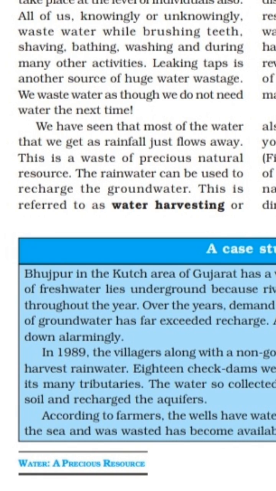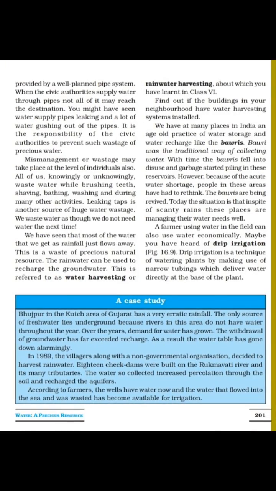Earlier, when rain fell in that area, the rainwater would pass into the river, flow into the sea, and be wasted. Now that water is stored in the dams, and because of percolation it recharges the aquifers, and now they can use it for irrigation.